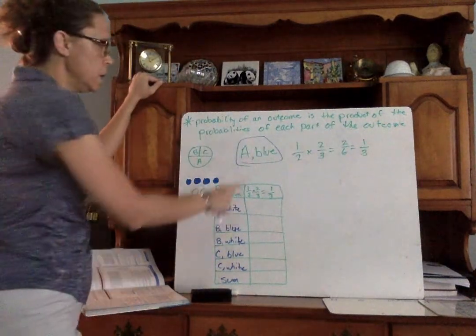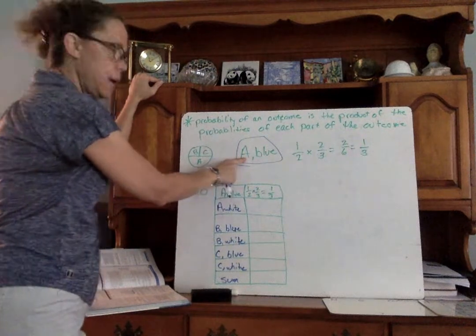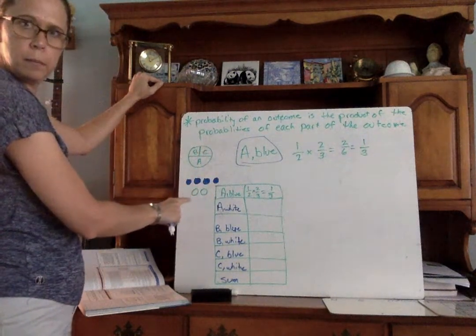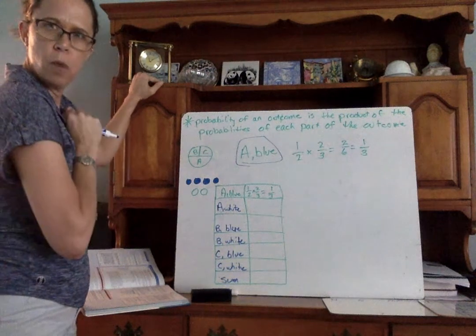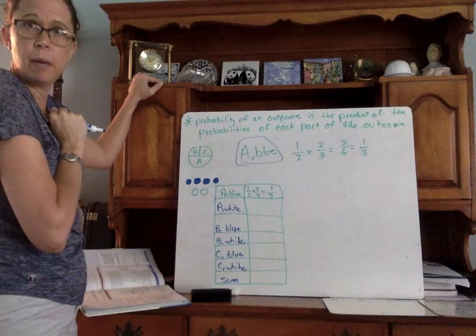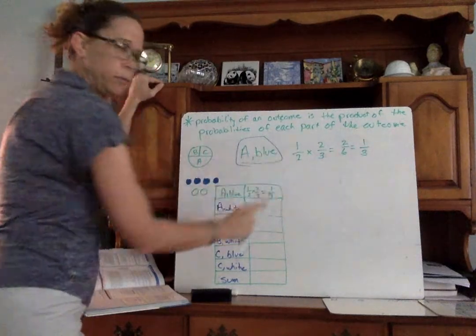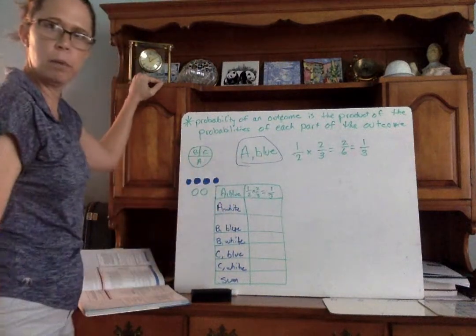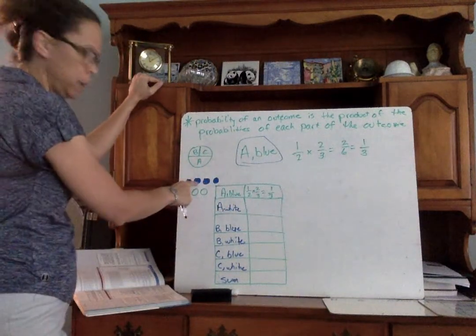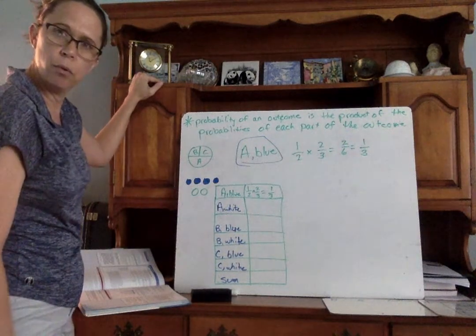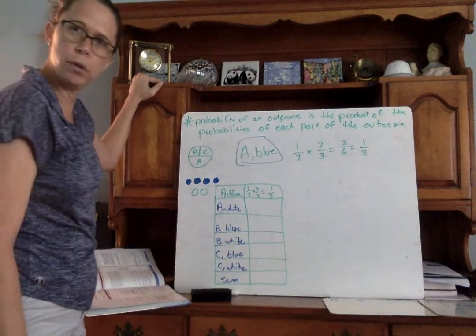My probability of spinning an A, look at my spinner. Hopefully you see that section A takes up half of the spinner. So the probability that I spin an A is 1/2, times the probability that I pick a blue out of the bag. If I go in to pick a marble out of the bag, there's 4 marbles out of 6 total. 4 out of 6 is 2/3.